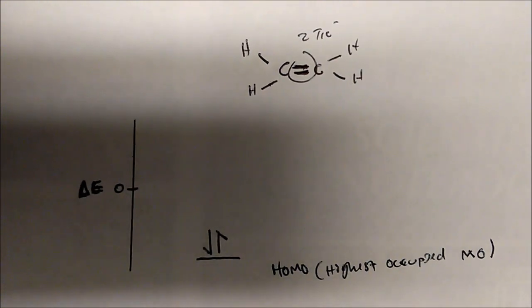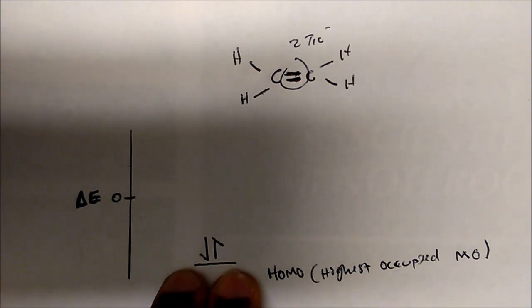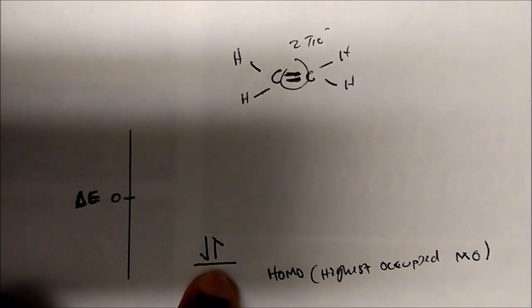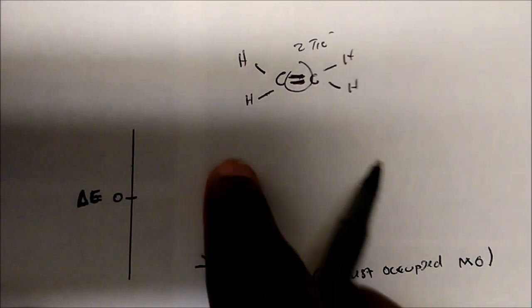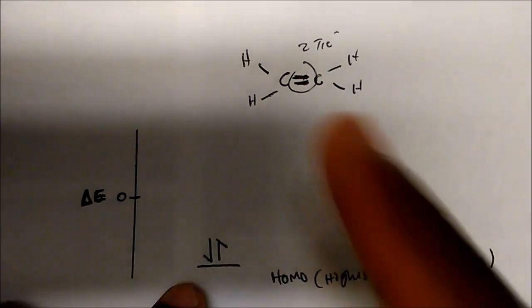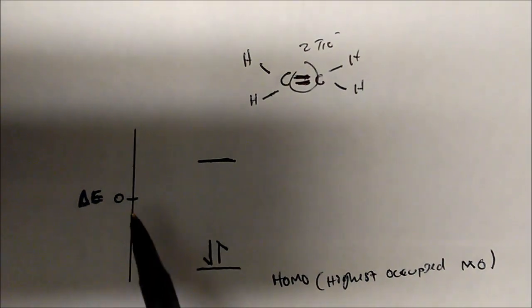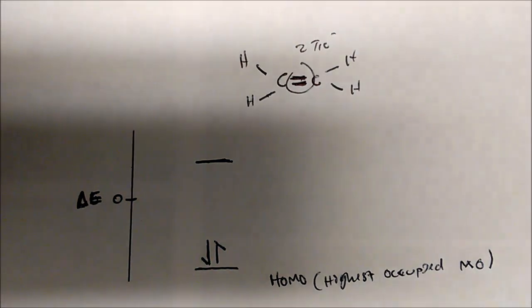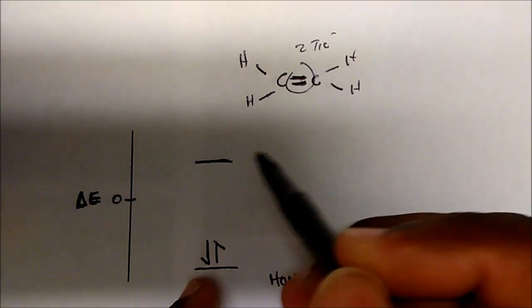Now, this is a negative delta G, which means that we want to show electrons here. Maximum bonding occurs here. The number of lines on the bottom, depending on how many pi electrons I have, should be equal to the number of lines I put on the top. So if I have one line here, I'm going to have one line above my delta G zero. Since we run out of electrons to give, there are no electrons here.